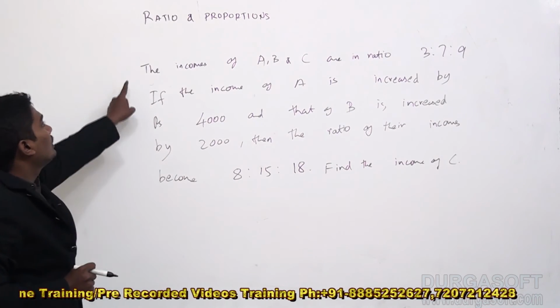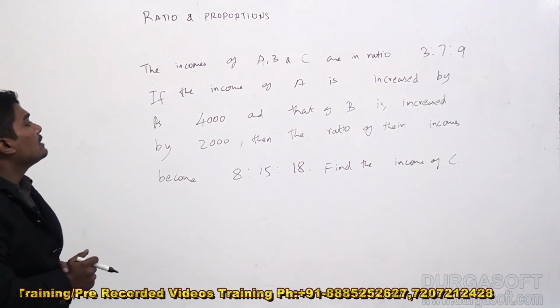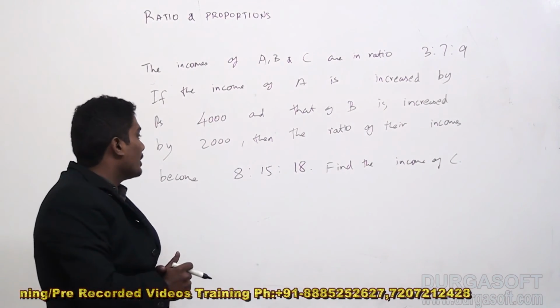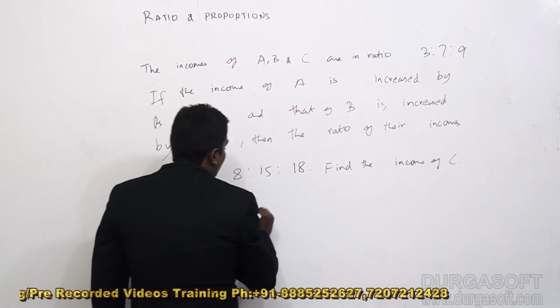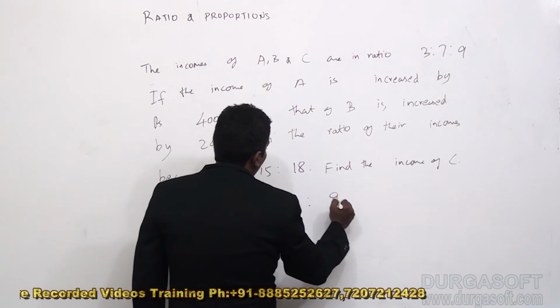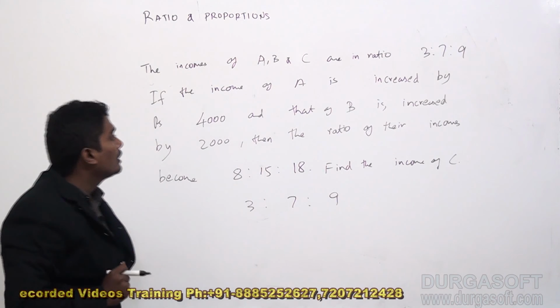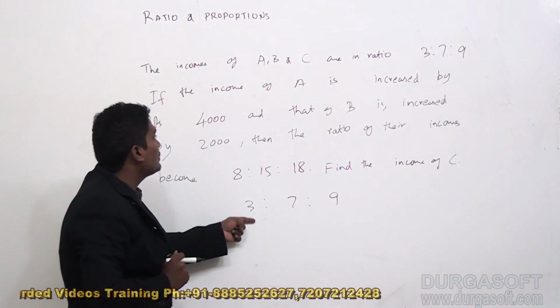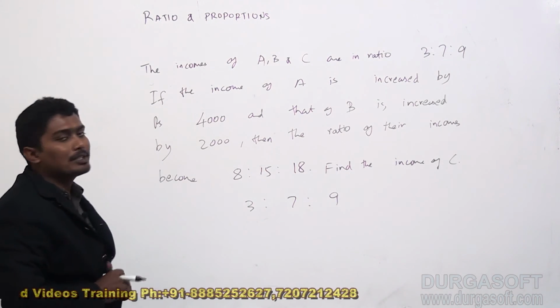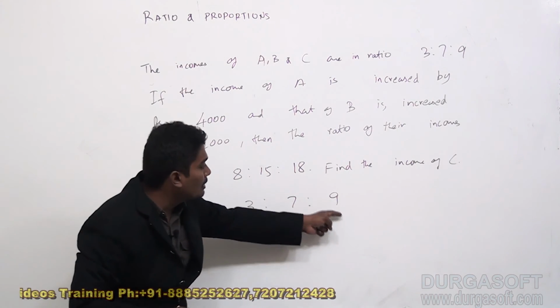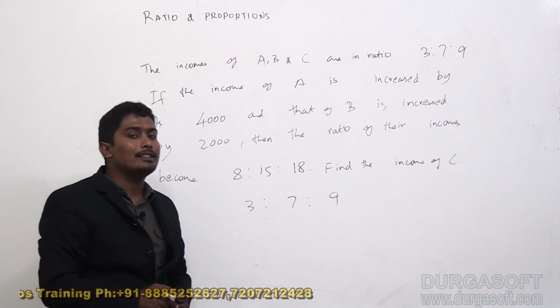Here they gave that the incomes of A, B and C are in ratio 3 is to 7 is to 9. They say that the first person's income is increased, the second person's income is also increased, whereas the third person's income is not increased.